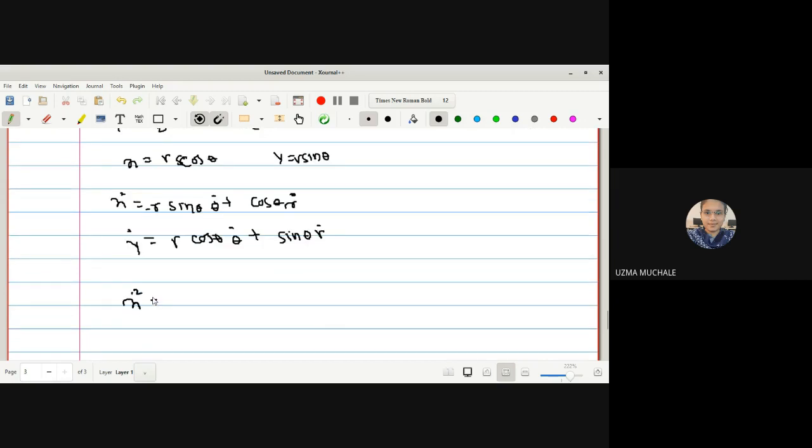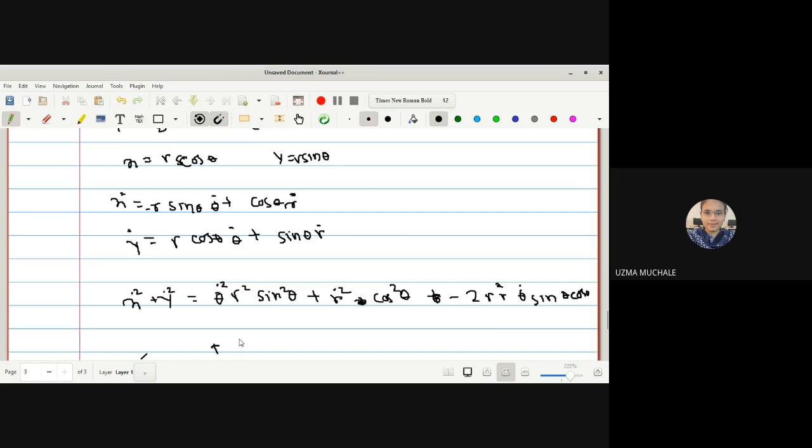Now what will be x dot square plus y dot square? Square of this is theta dot square r square sin square theta, plus the next term r dot square into cos square theta, plus, minus into minus, so it is minus 2 times r dot theta dot sin theta cos theta.